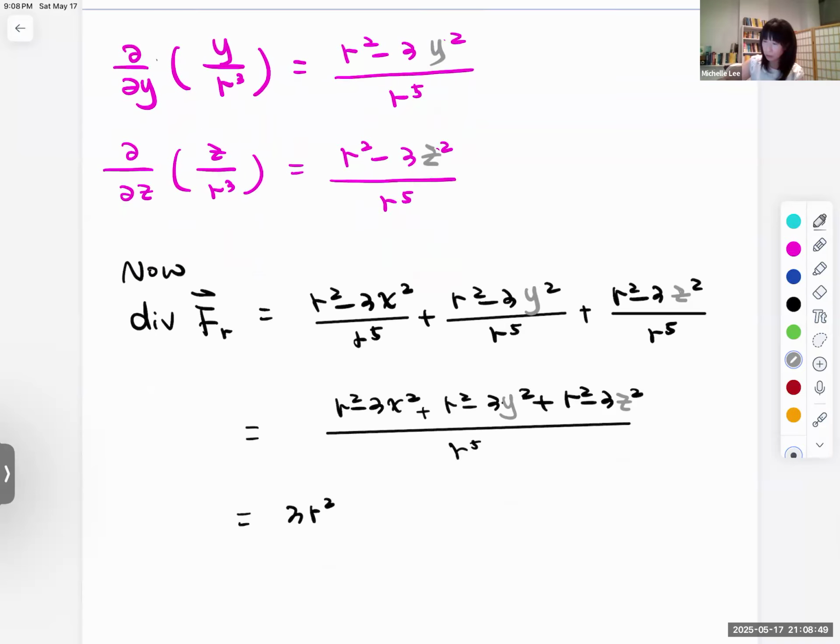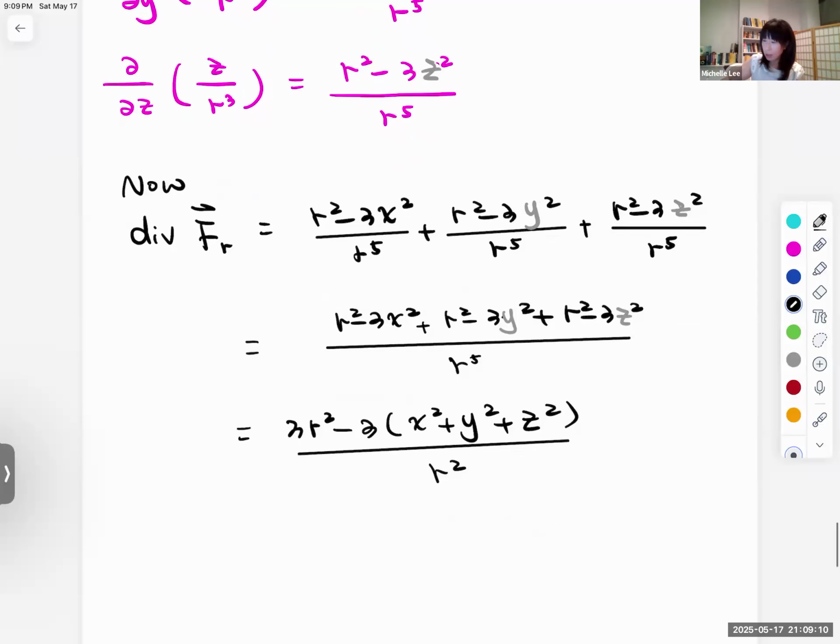Okay, then we can factor out a -3, right? -3, then x squared plus y squared plus z squared all over r squared, right? But then, what is this? This is r squared, right? Yes?